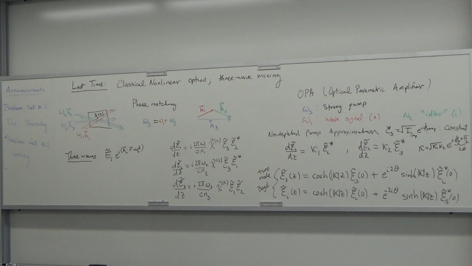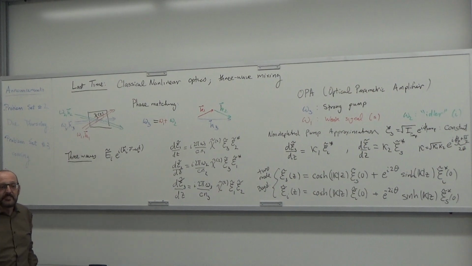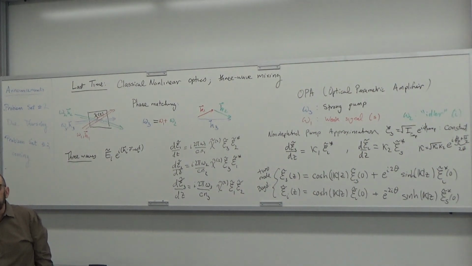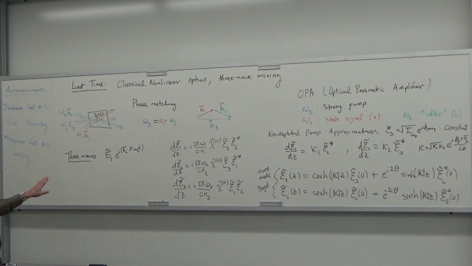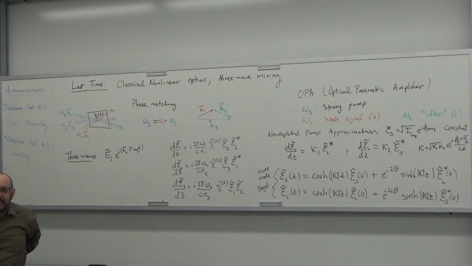The simplest nonlinear example we have is what's called three-wave mixing, where we have this chi-2 nonlinear optical crystal, and there are three waves that mix, hence the name.